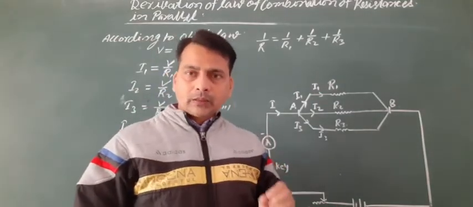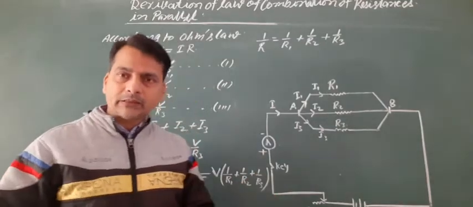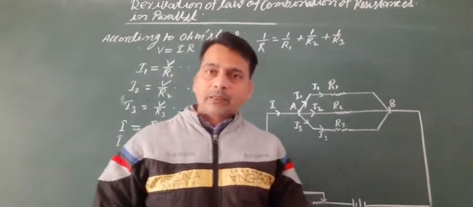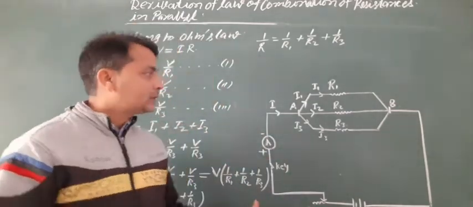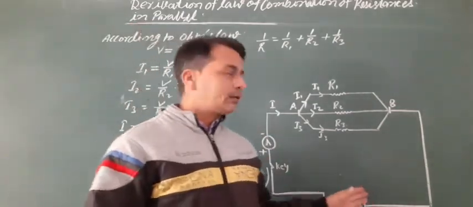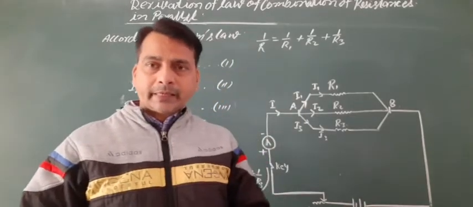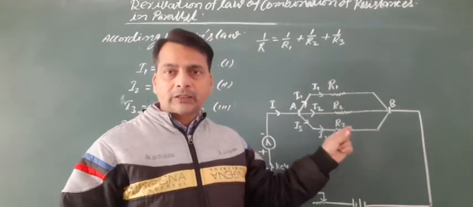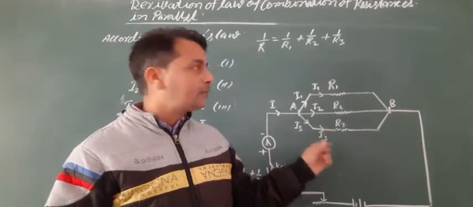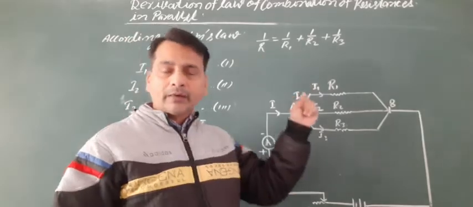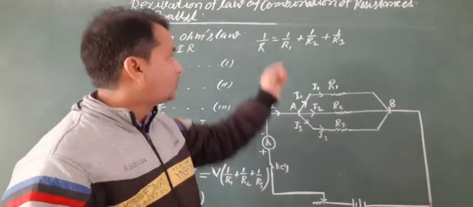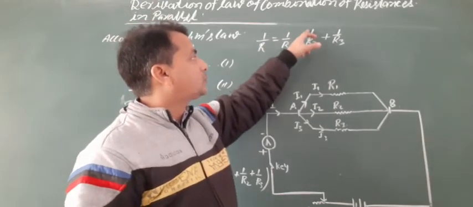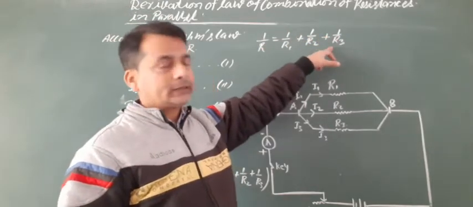So the net resistance or equivalent resistance R is such that its reciprocal is the sum of the reciprocals of all the given resistors in the circuit. So 1 by R equals 1 by R1 plus 1 by R2 plus 1 by R3.